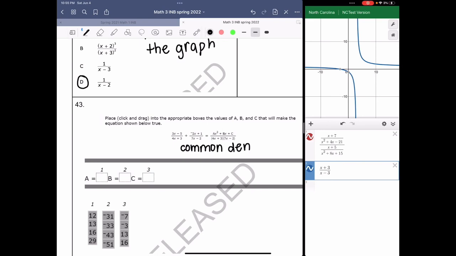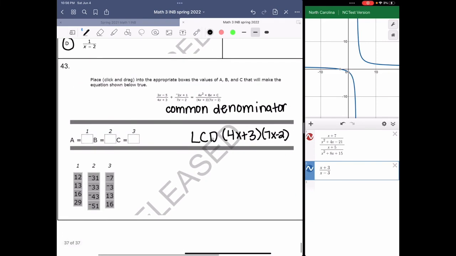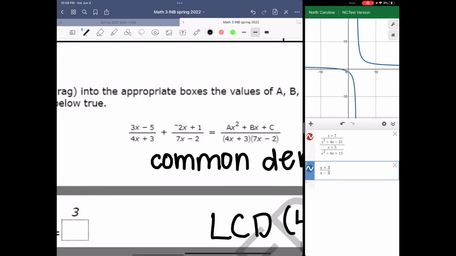So right now, I need my denominator to have an LCD of x plus 4 times 7x minus 2. On this side, we're going to multiply by 7x minus 2 over 7x minus 2, and on this side, we're going to multiply by 4x plus 3 over 4x plus 3.